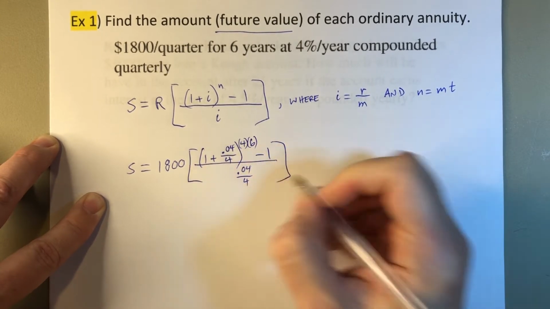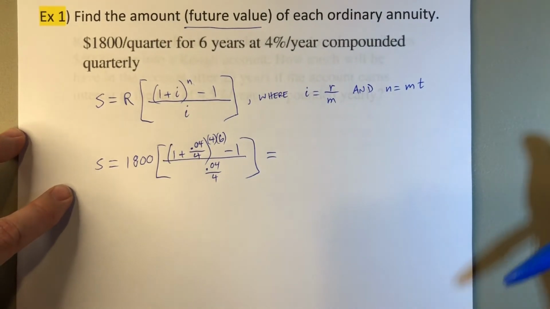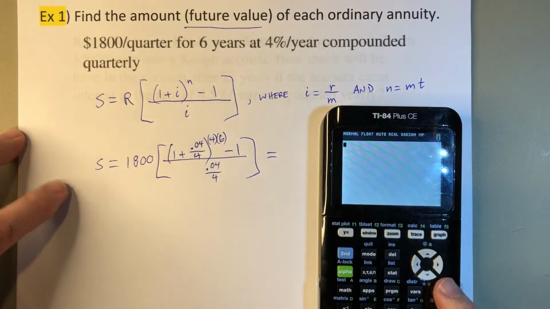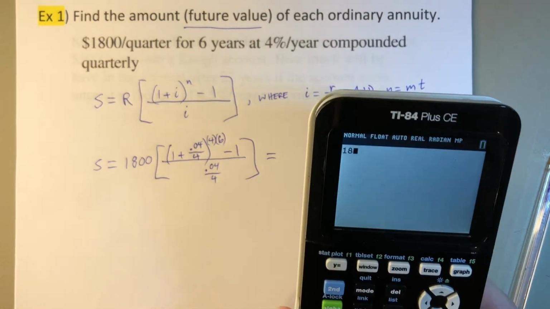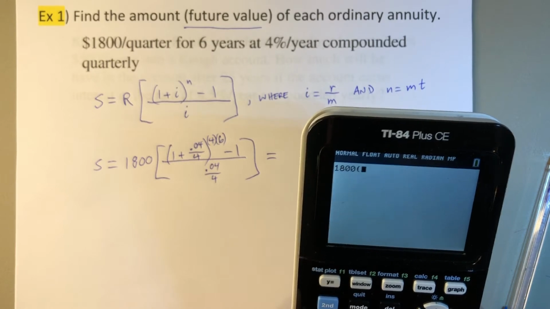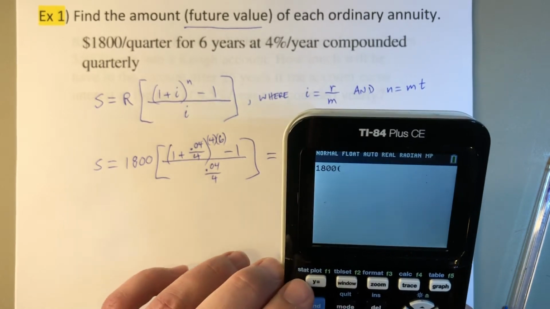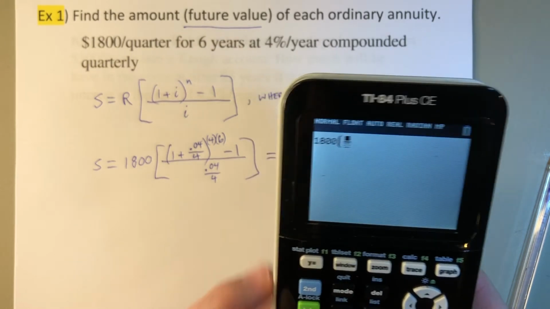Good. So you could run this whole thing through your calculator if you like, but it gets pretty involved. Let's see if I can do it. So 1,800 times the quantity of what? Well, I have this alpha y equals option, which I'm going to now use. So on top, I have what?